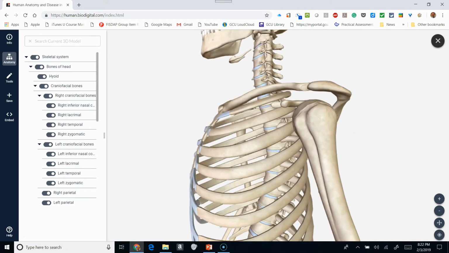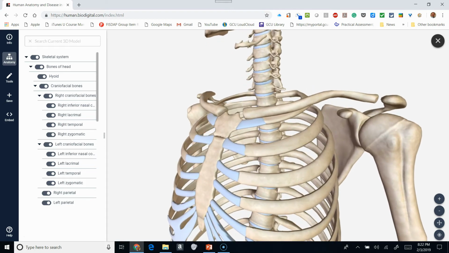What type of joint would this be? Yes, this is your shoulder, which is also a ball and socket joint. Here is the clavicle, and this clavicle is sitting right on top. You hear people say, oh, they broke their shoulder. It's usually they fractured their clavicle bone. This is your collarbone.